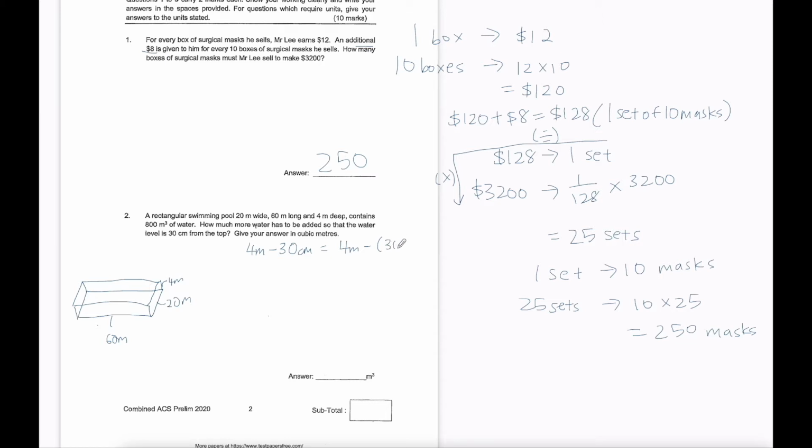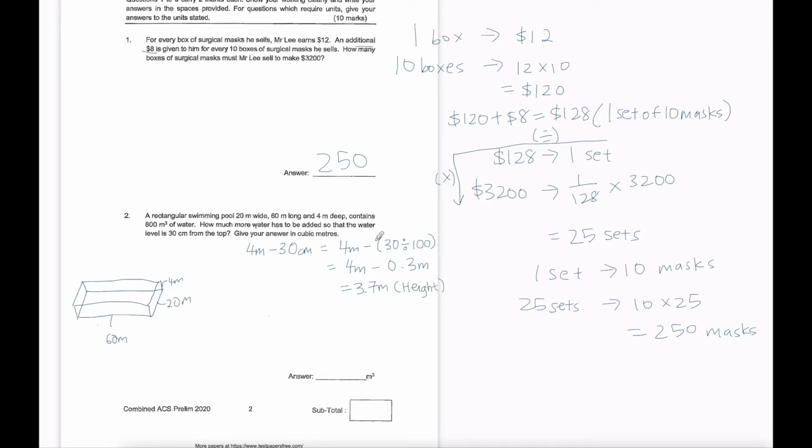So it's 30 divided by 100. You're going to get 4 meters minus away 0.3 meters, and I'm going to get 3.7 meters. And this is the height that they are looking for.